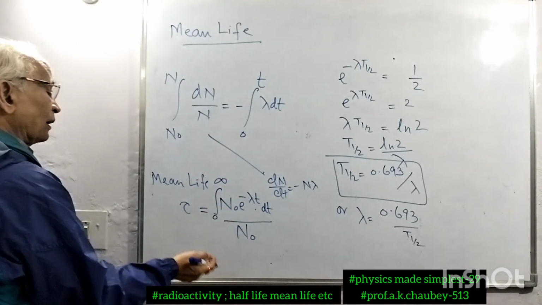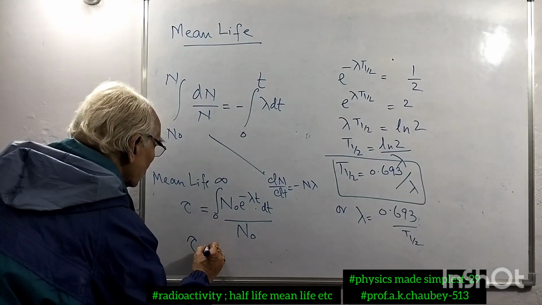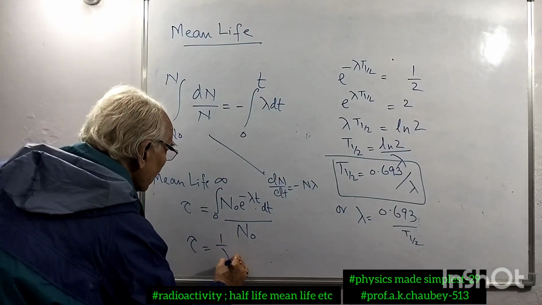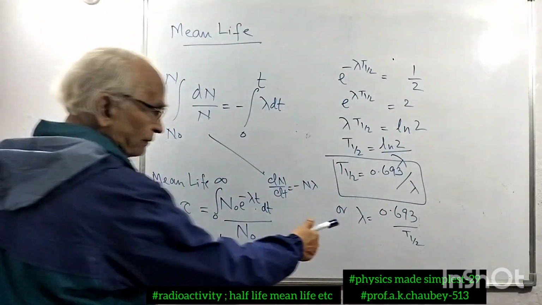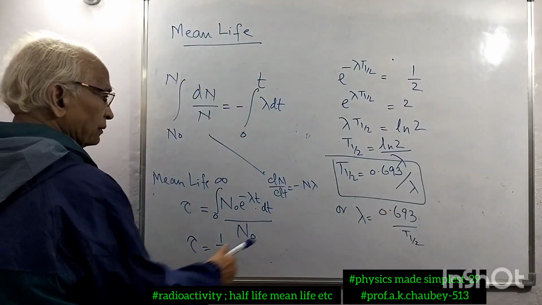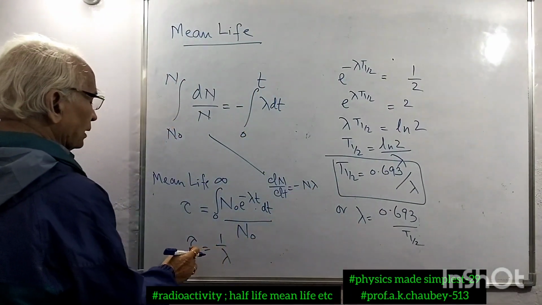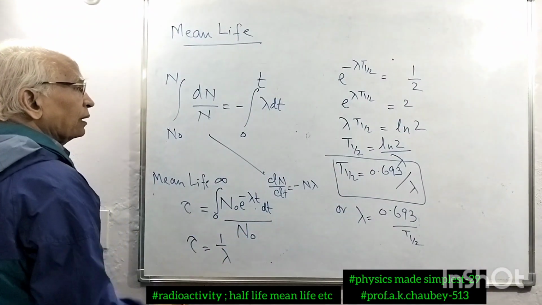You solve this and you will get the relation tau is equal to 1 over lambda. That is the mean life. This is the half-life and this is the mean life. Mean life from this relation will be tau is equal to 1 over lambda.